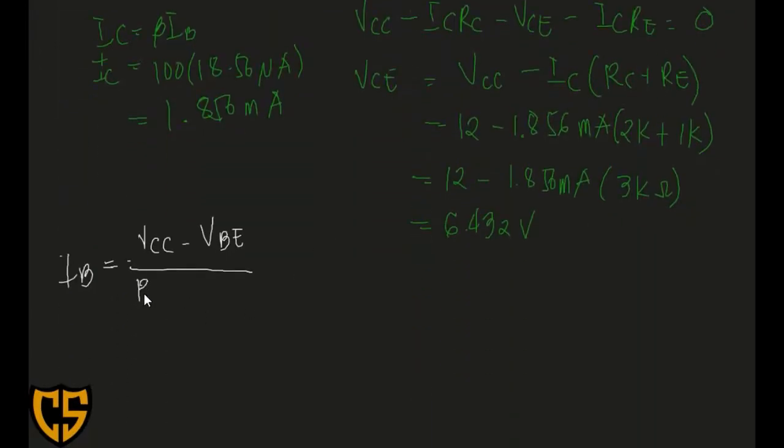So this will be RB plus beta plus 1 RE. So this is the formula for your IB.